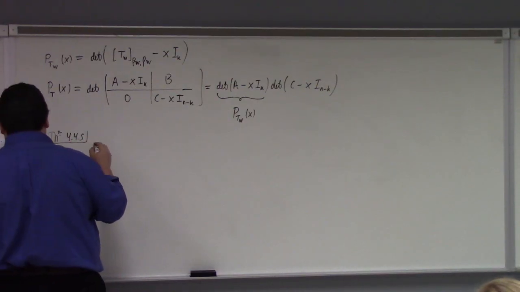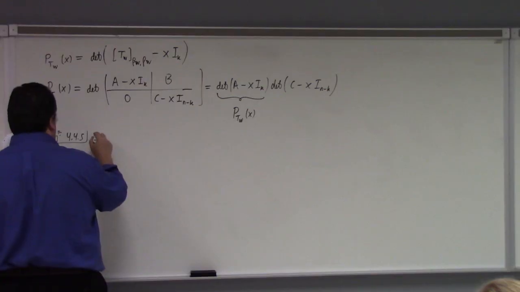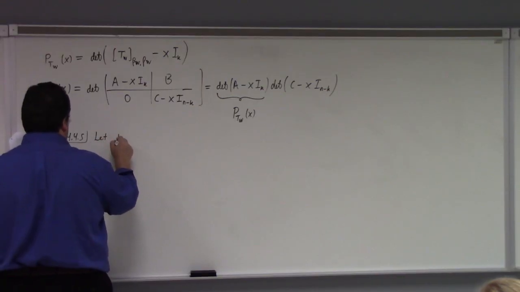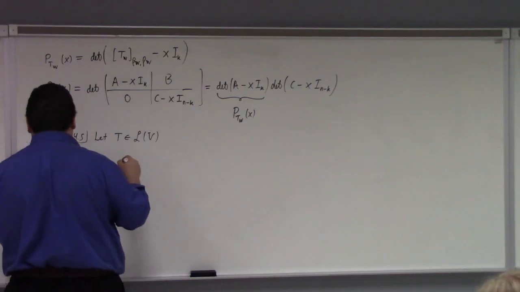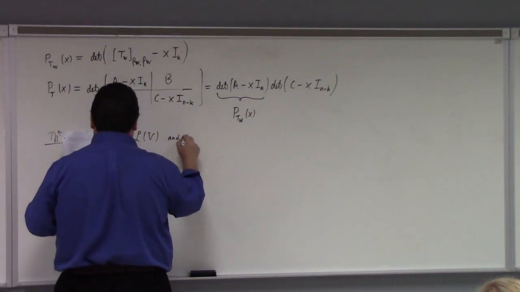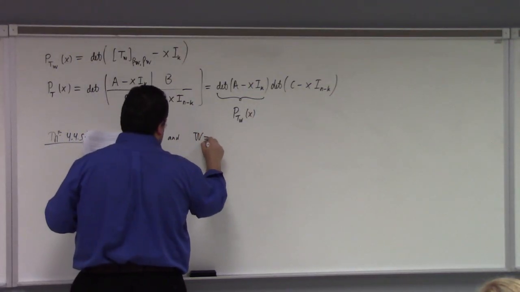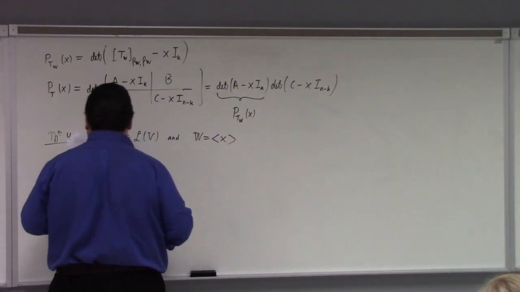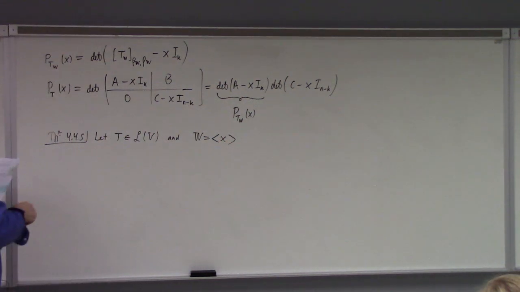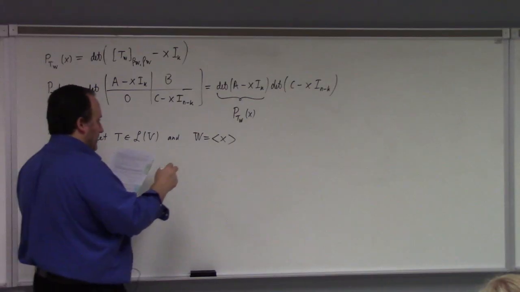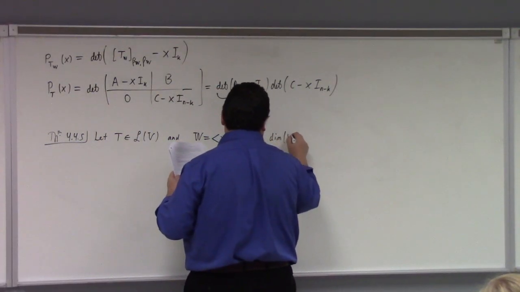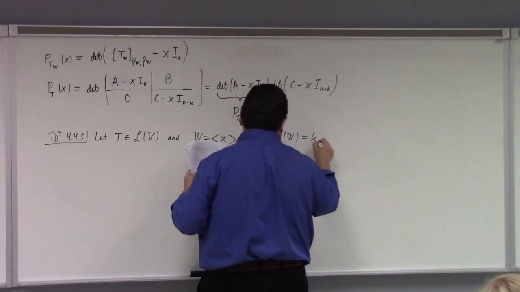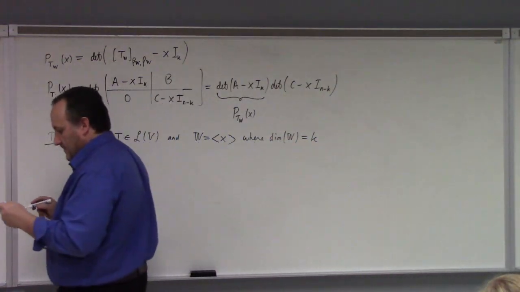Again, we have T as before. Let T be a linear transformation on a finite dimensional vector space, and we'll let W equal the cyclic subspace generated by x, where the dimension of W is equal to k. All right.